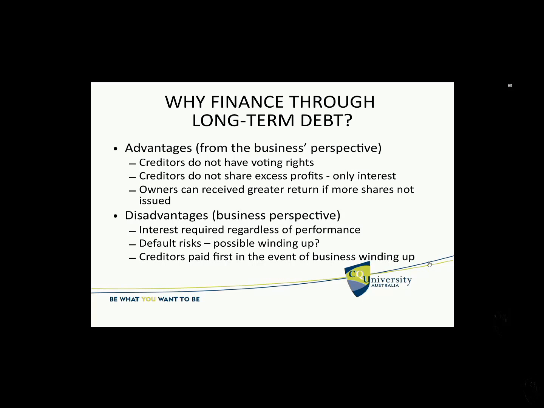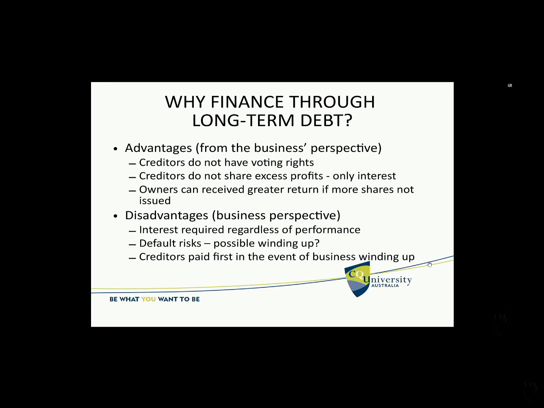Well, we're going through a period of unprecedented low interest rates. And so borrowing has probably never been more attractive now relative to issuing shares. People on term deposits right now can get 1.8% if they're lucky.